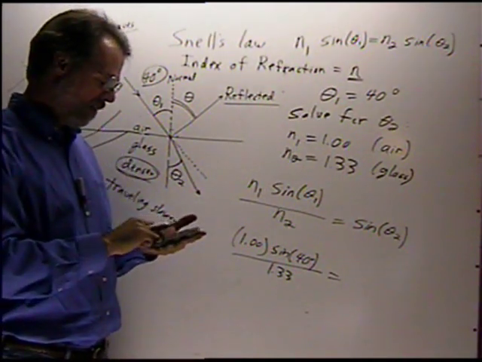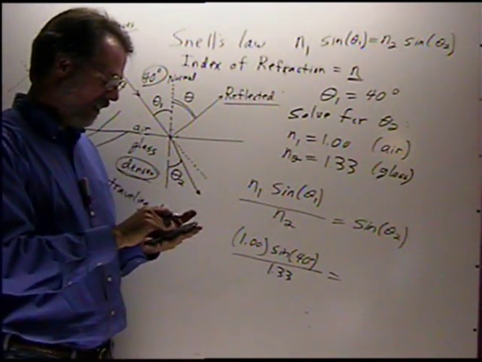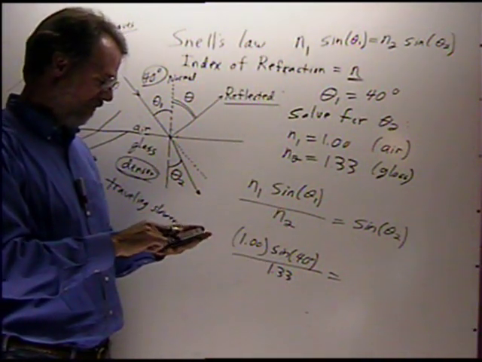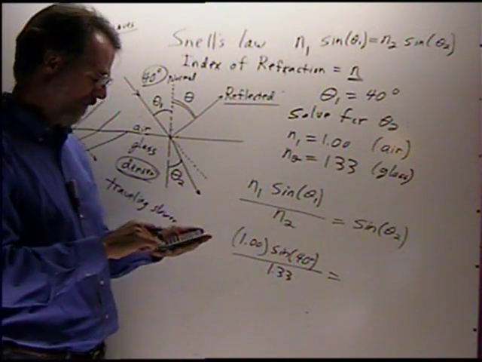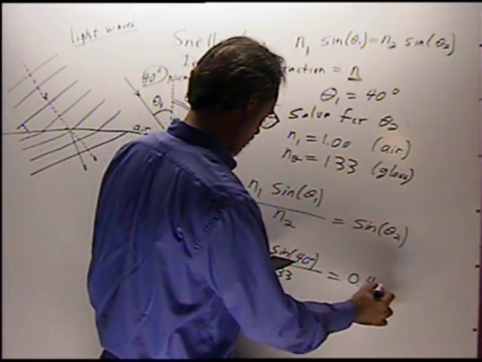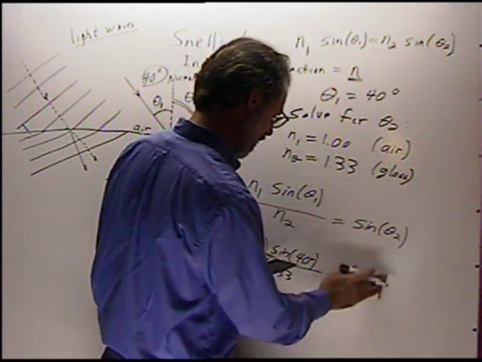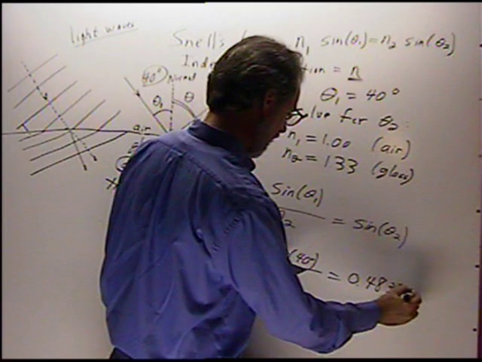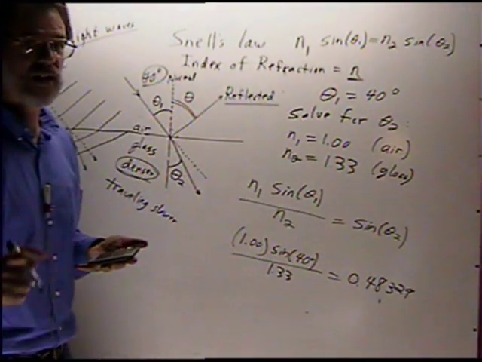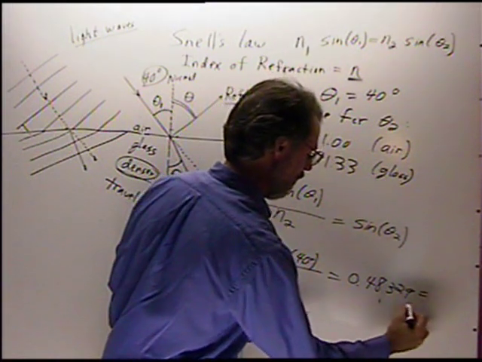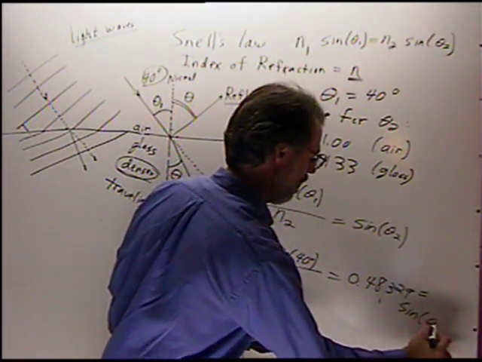Type in 40, take the sine of that, and divide by 1.33, and I get 0.48329. I'm not going to round off at this point. That's equal to the sine of theta 2.